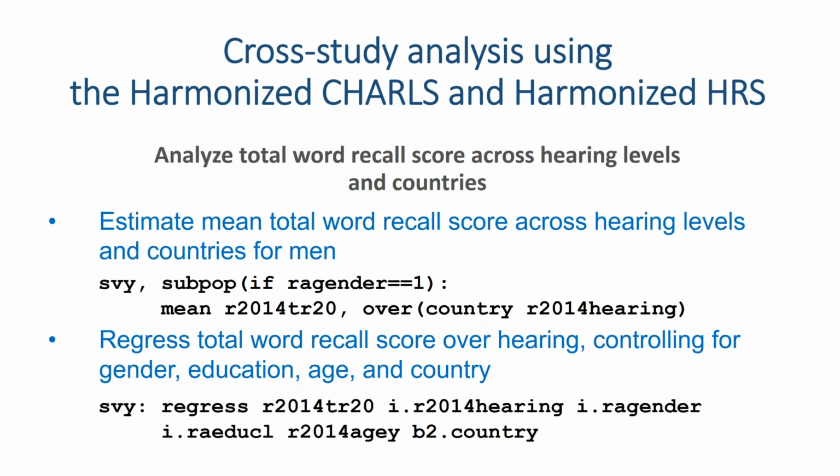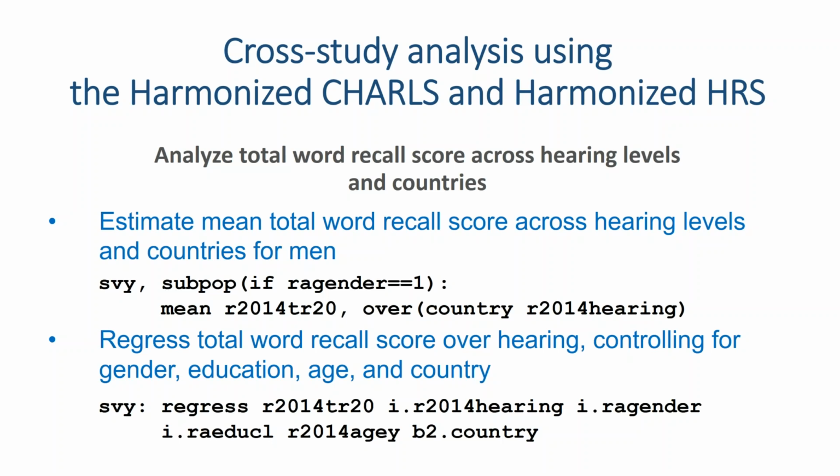Or you could be interested in running a regression and regressing total word recall over hearing while controlling for gender, education, age, and country. To do that, we're going to still use svy to weight our analysis. Then we're going to use the regress command, and since total word recall score is a continuous variable, we can run a linear regression.